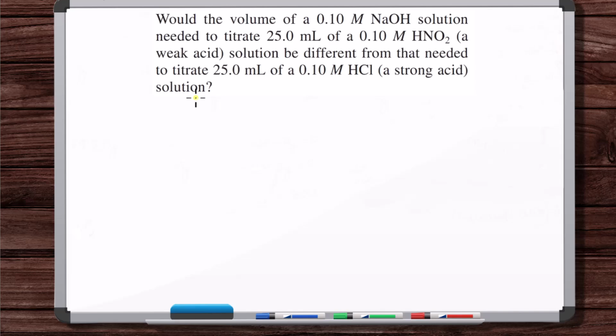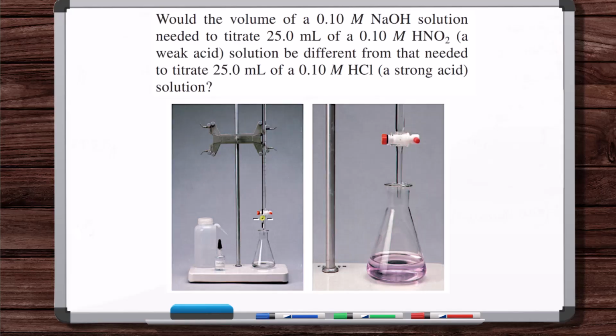You might be thinking, well, I thought we didn't track the volume of the standard solution. All we did was measure how much mass of standard solution solute was dissolved, right? Yes, that's true, but it could be the case that you do need to track the volume of standard solution. I mentioned how you could put the standard solution in the burette, with the unknown solution in the flask.